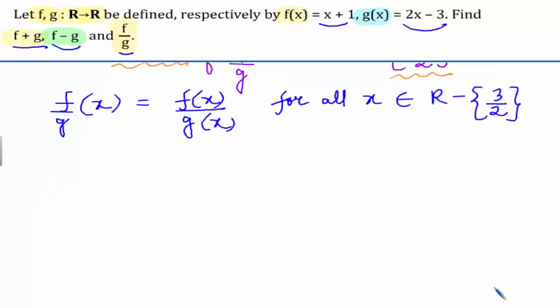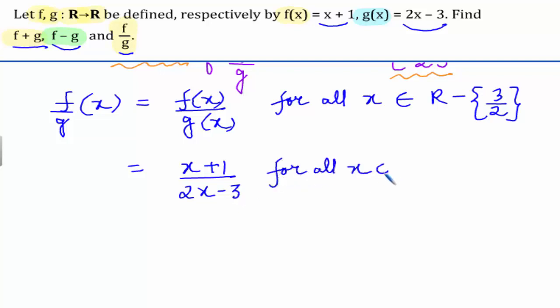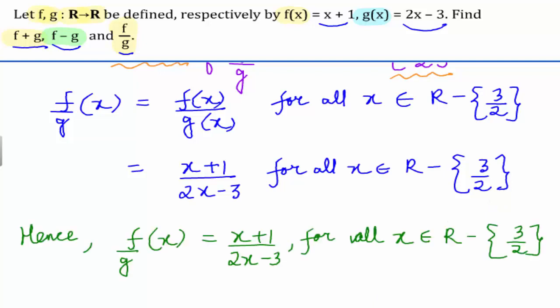Now this is equal to, f of x is given by x plus 1 and g of x is given by 2x minus 3, for all x belonging to R minus the set containing the element 3 by 2. Hence, f by g of x is given by x plus 1 by 2x minus 3 for all x belonging to R minus the set containing the element 3 by 2. So this completes the solution of this question.